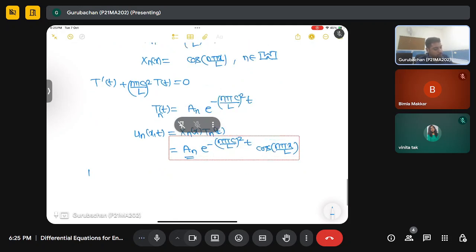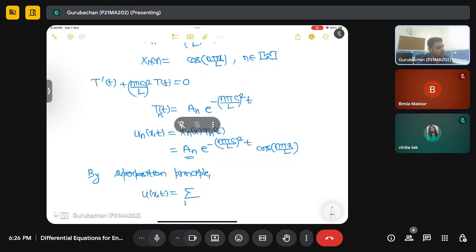So by superposition principle, this is the solution with respect to some n. So by superposition principle, u(x,t) will be the sum from n equals 0 to infinity of u_n(x,t).